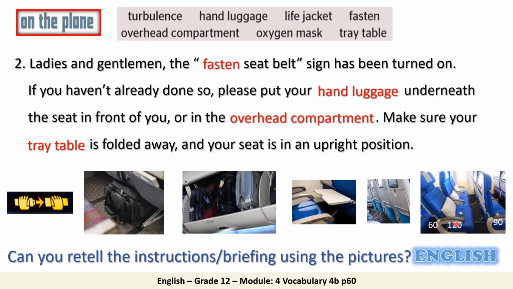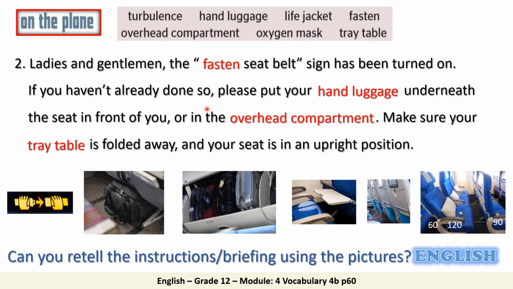Okay, something I want to tell you, I want you to read this briefing out aloud in order just to improve your reading. Something like, ladies and gentlemen, the fasten seat belt sign has been turned on.